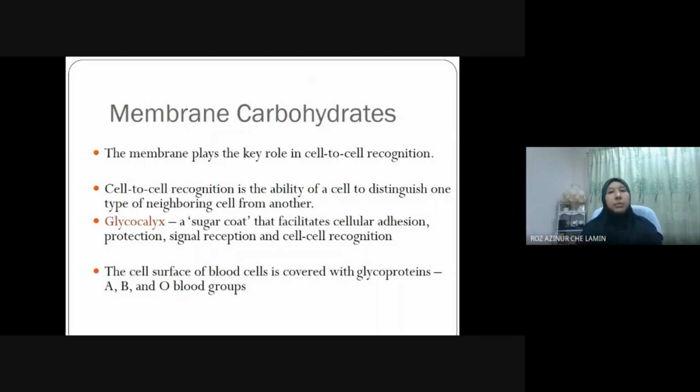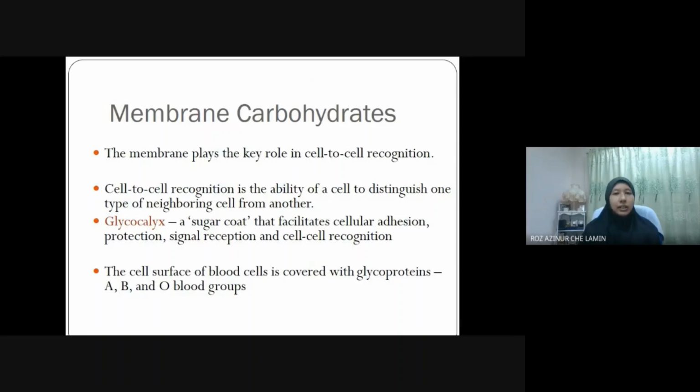Okay, now we move to the membrane carbohydrates. The cell membrane plays a key role in cell-to-cell recognition. Cell-to-cell recognition is the ability of the cell to distinguish one type of neighboring cell from another.